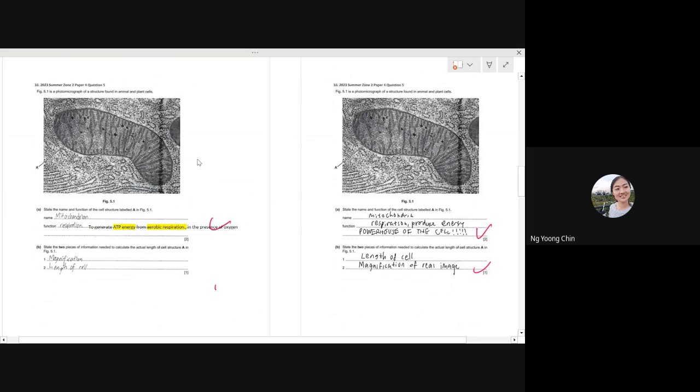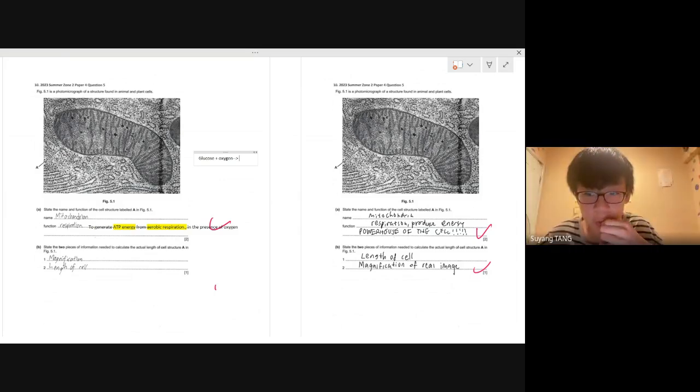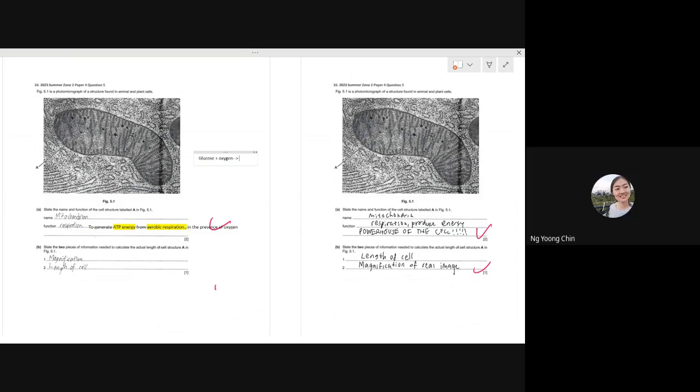You require the usage of glucose and oxygen, and then you will release a gas. What kind of gas do you release through aerobic respiration? Carbon dioxide, right?